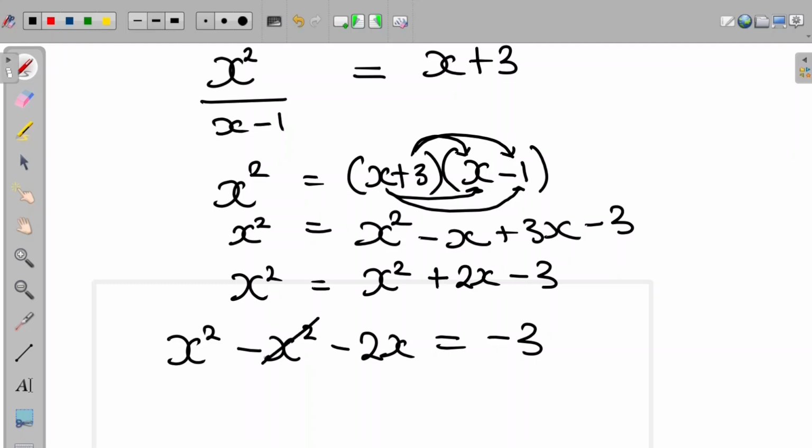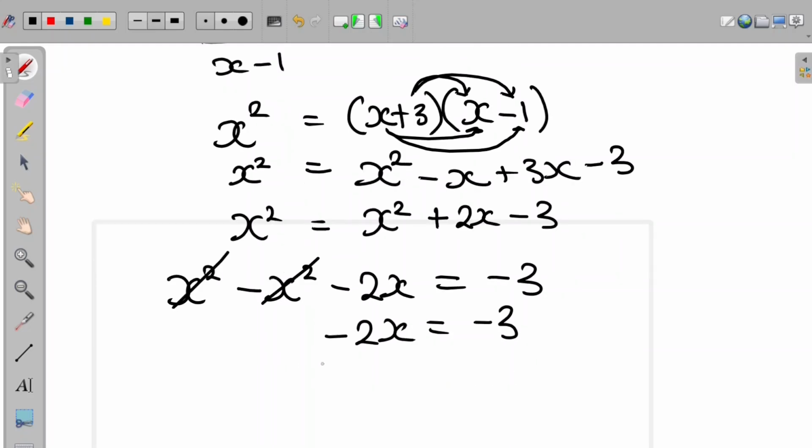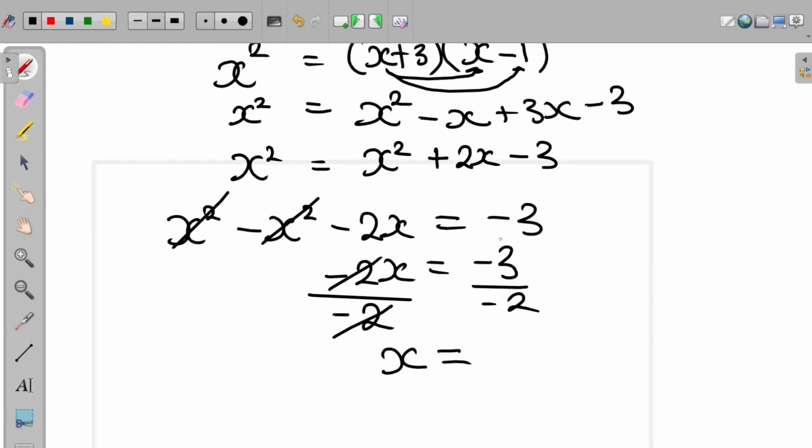So x squared can cancel out x squared. So we are left with minus 2x equal to negative 3. So therefore, we divide both sides by negative 2. So negative 2 can cancel out negative 2. So we have it that x is equal to, at this point, minus also cancels out minus. So x is 3 divided by 2.